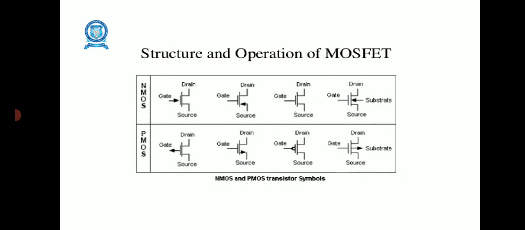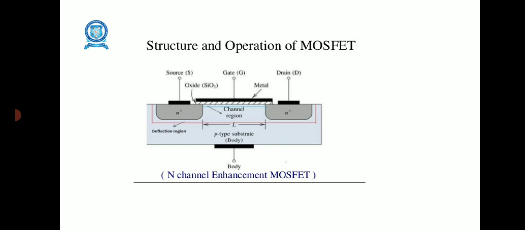To understand the structure of the MOS, first we consider the basic electric properties of this p-type semiconductor substrate. Here you can see the NMOS and the PMOS transistor having three terminals, that is drain, source and gate.